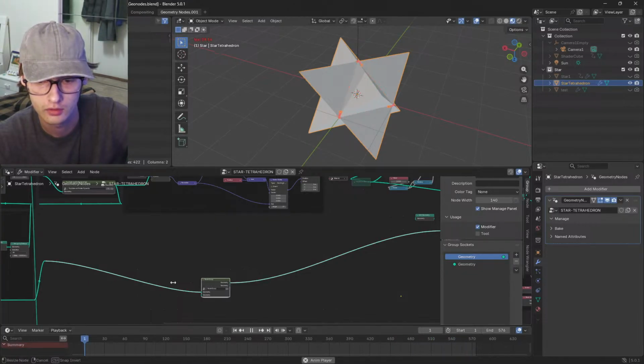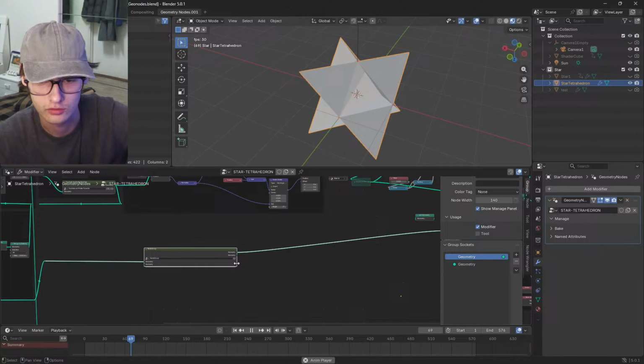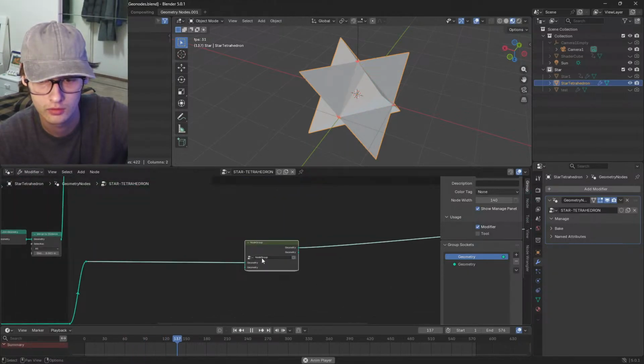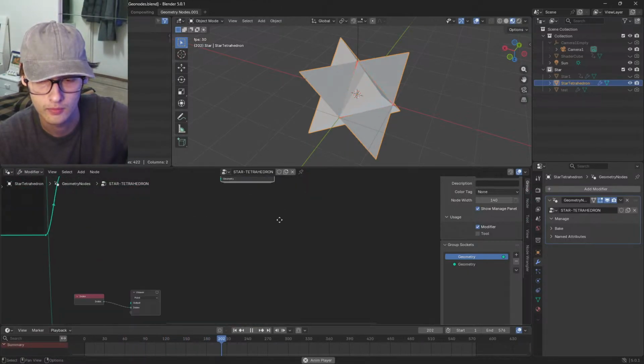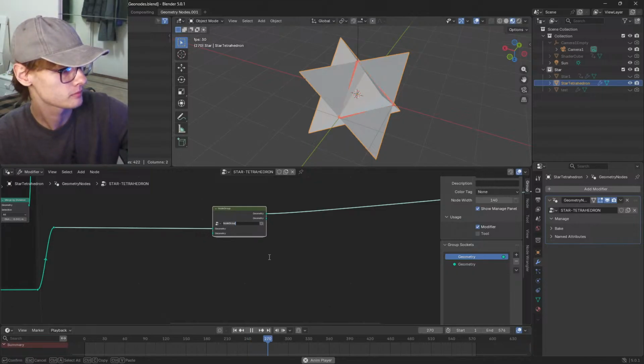Okay. What should I call this group? Tetrahedron triangles, curves.